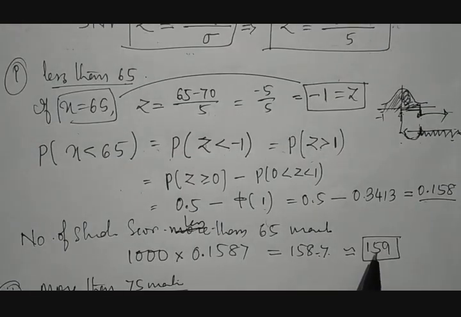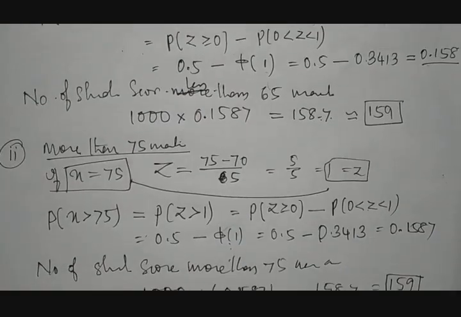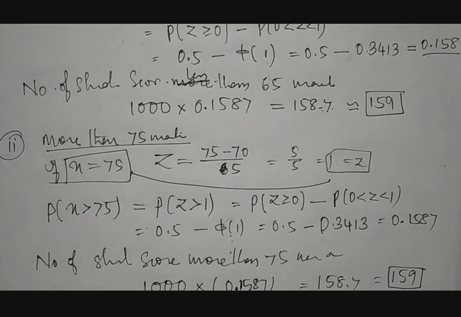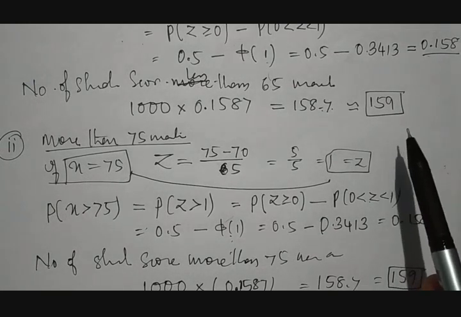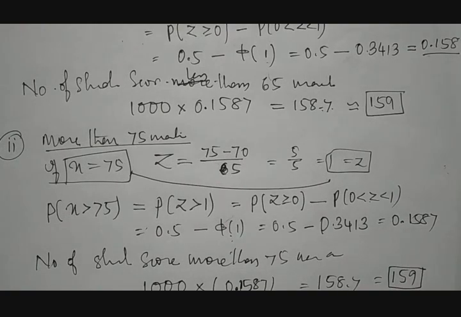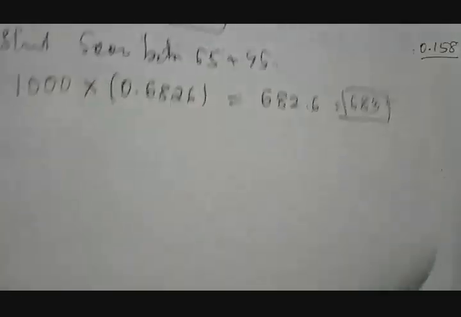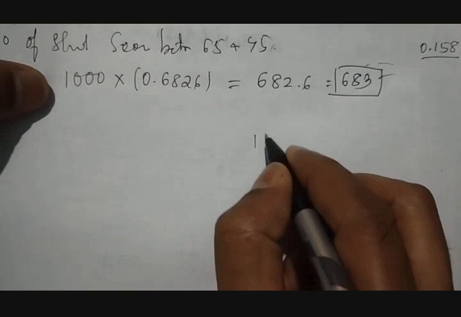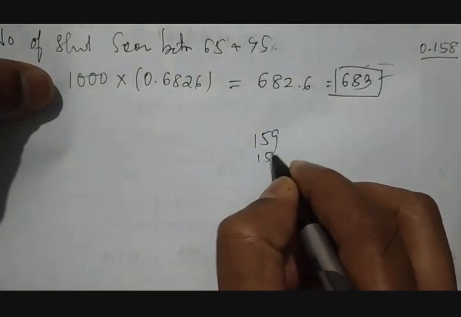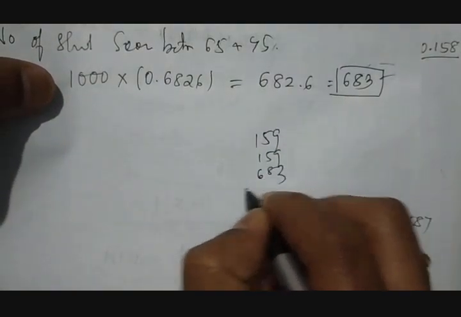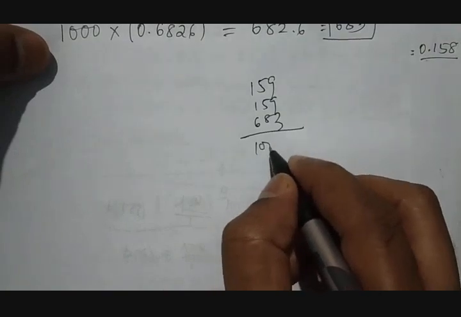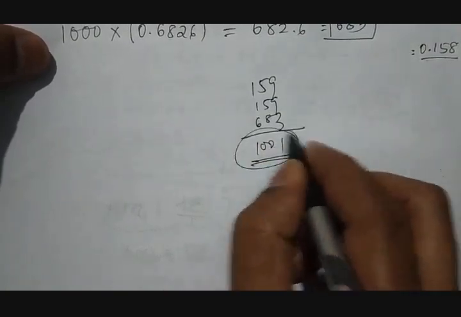And 159 students may score marks less than 65, and the other 159 students may score marks more than 75. If we add all these numbers, 159, 159 and 683, then altogether it becomes 1001 students. Why did we get one extra student?